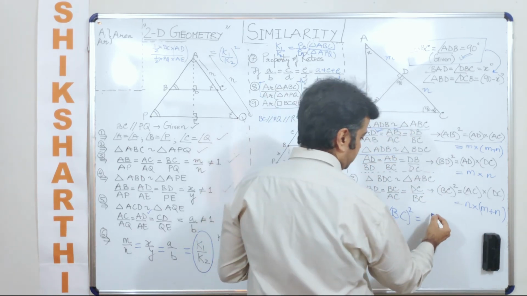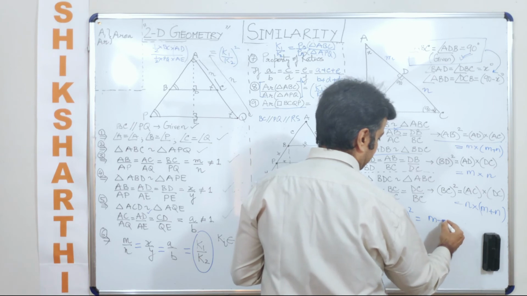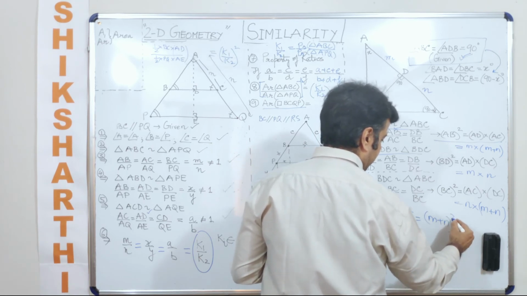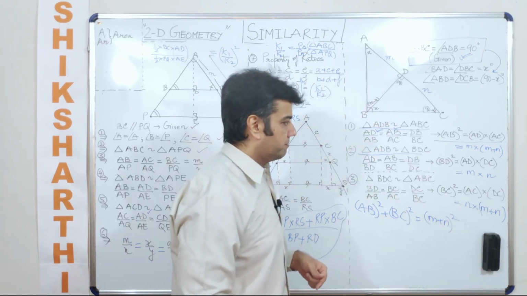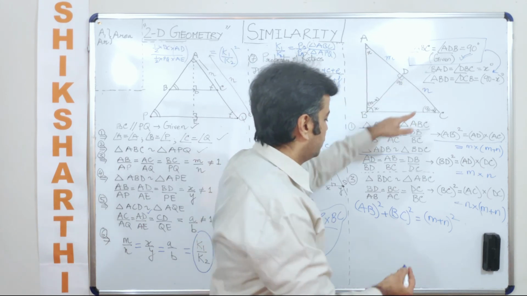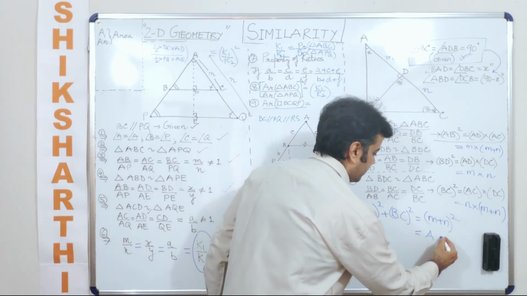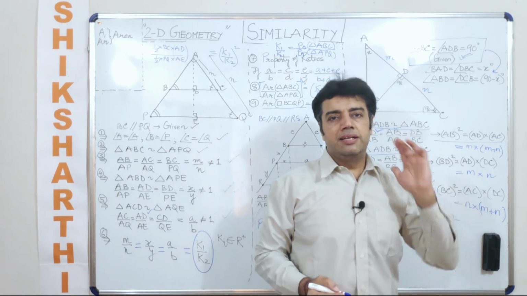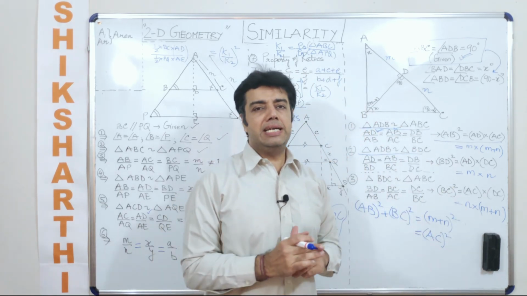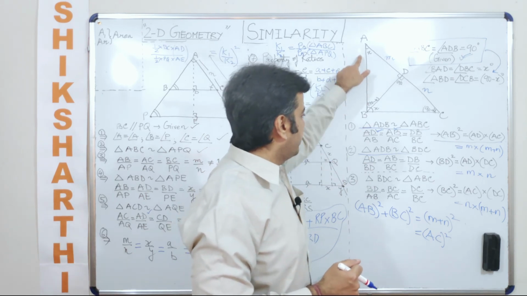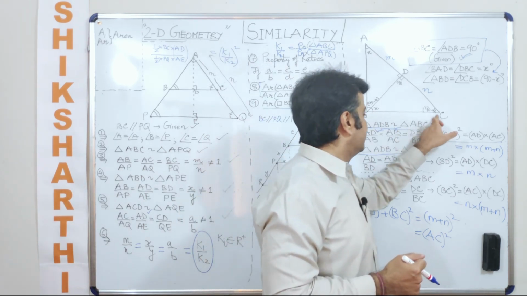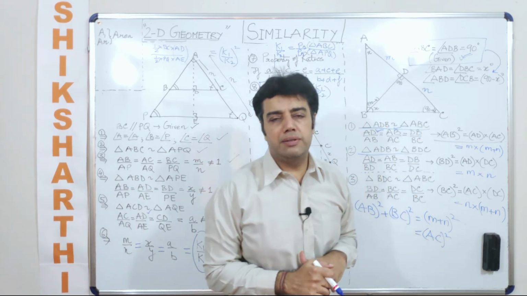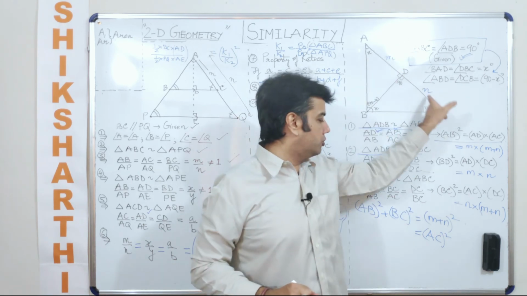So from here I'll be able to say this is m plus n times m plus n, which is m plus n whole square. And how much is m plus n whole square? Which is nothing but AC whole square. So a very important conclusion from here also, I can prove the property of a right angle triangle: the sum of the square of the perpendicular plus the square of the base gives me the hypotenuse square, which can also be proved.